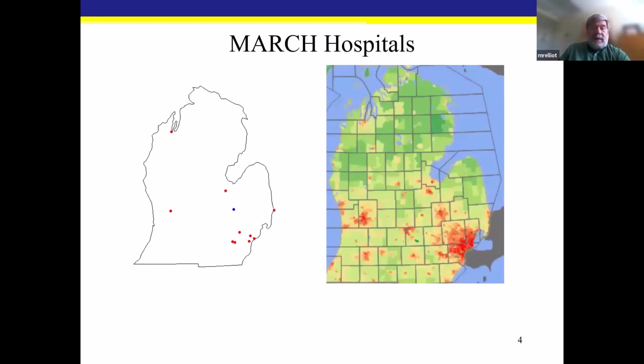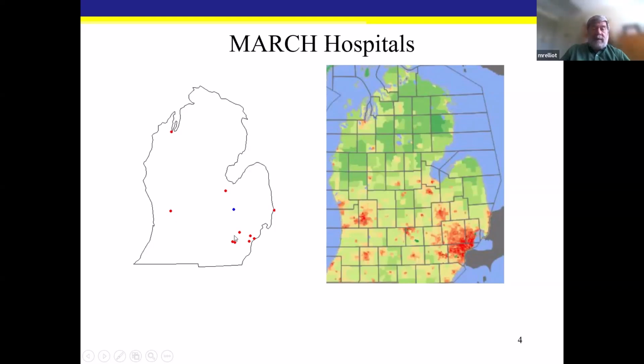Just to show that we got some geographic dispersion and that it fits the population distribution, right? If you're sampling at random across births, you'd still want to see more births where there are more children. Children tend to be where there are people in general. So we got Traverse City and Port Huron and more rural areas.